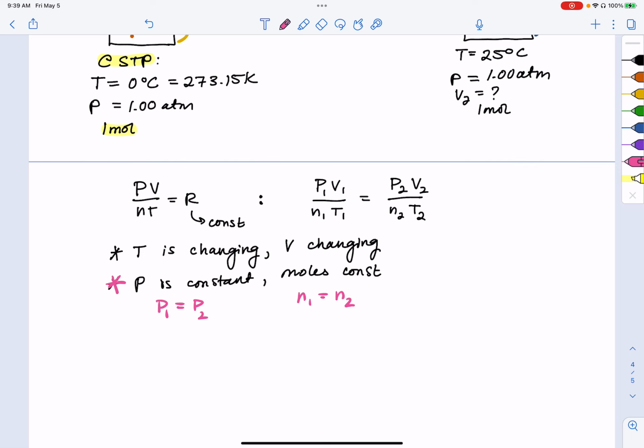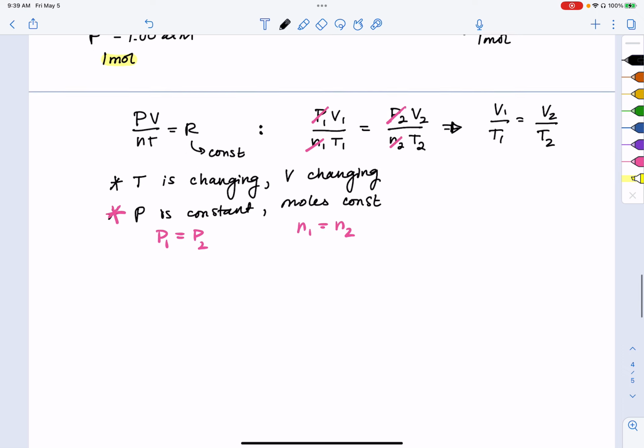Meaning that if I were to go back to this expression here, I would cancel out P1 and P2 because they're the same number. And I would also cancel out N1 and N2. This leaves us with V1 over T1 is equal to V2 over T2.